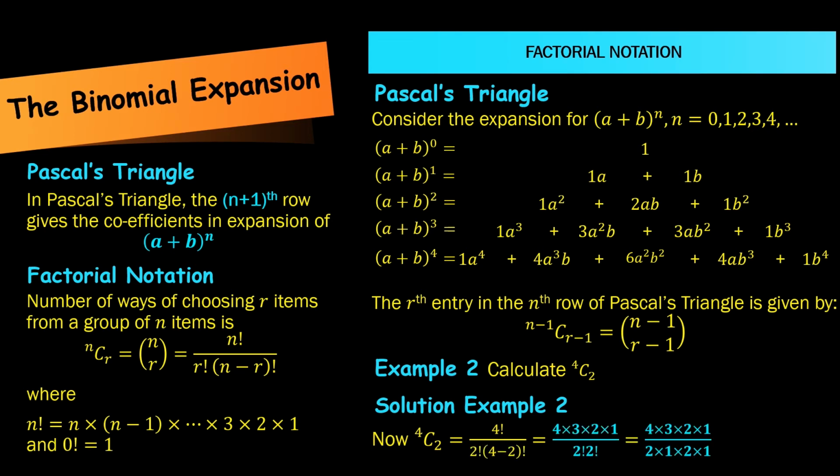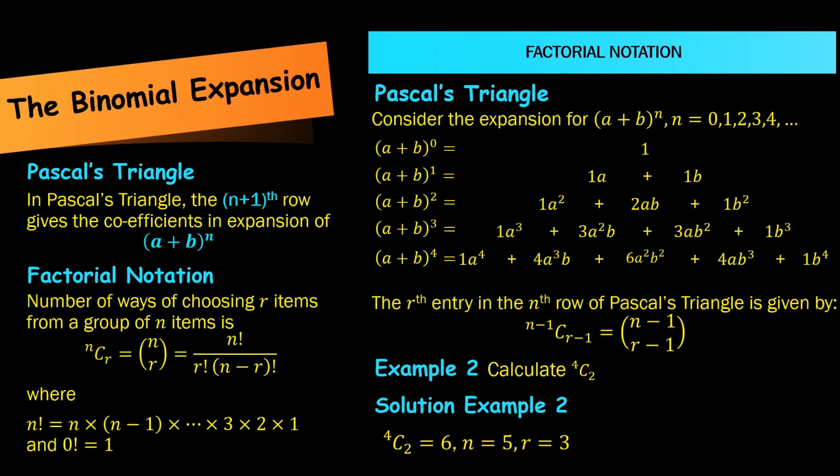And of course, this gives us the expression shown towards the bottom of your screen. And this tidied up gives us 6. So 4 choose 2 is equal to 6.